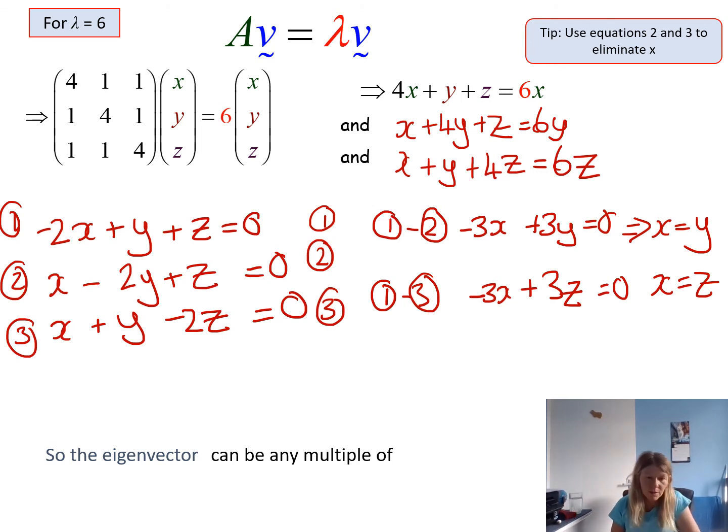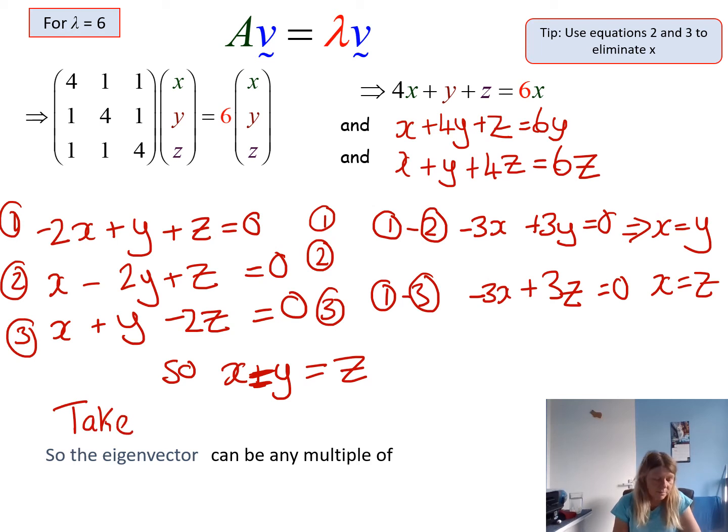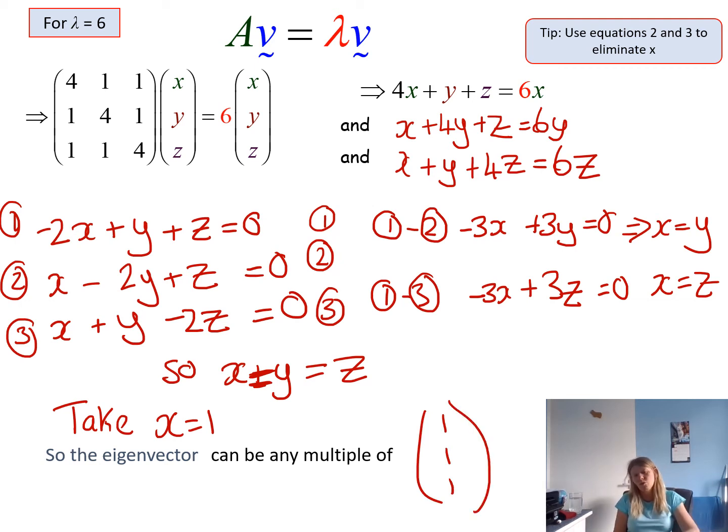So x equals y and equals z. If we make something up, if we take x to equal 1, for instance, the eigenvector can be a multiple of 1, 1, 1, or 2, 2, 2, or 3, 3, 3, whichever floats your boat.